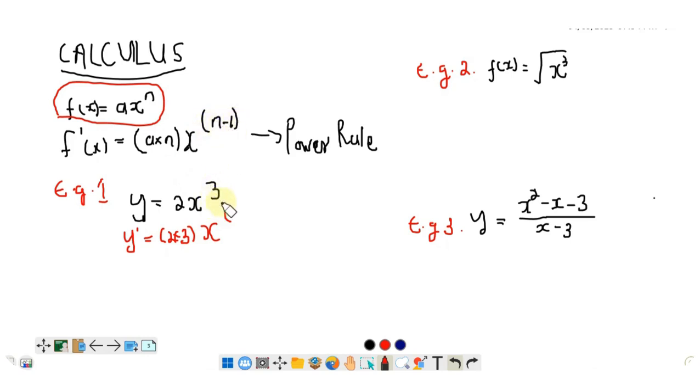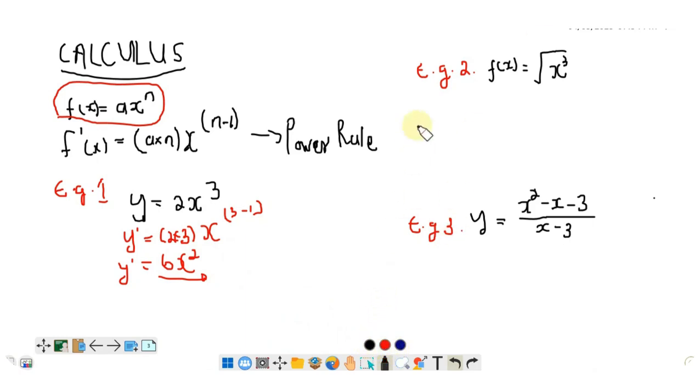What is n here? n is 3. Then we say 3 minus 1. So the derivative here is 2 times 3, which is 6x, and then 3 minus 1 is 2. So the derivative of 2x cubed is 6x squared.